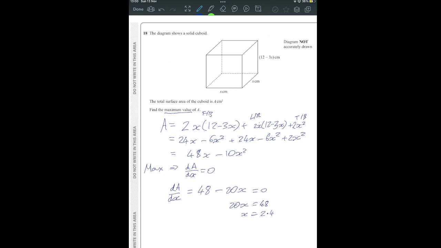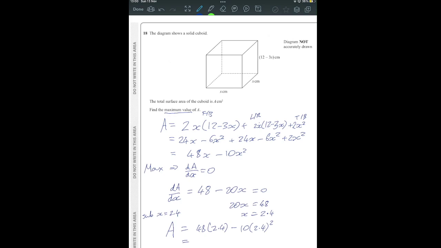The maximum value occurs when x is 2.4, but we want the maximum value of A, so we'll sub that back into the formula for A. So 48 times 2.4 minus 10 lots of 2.4 squared. That's a calculator job.